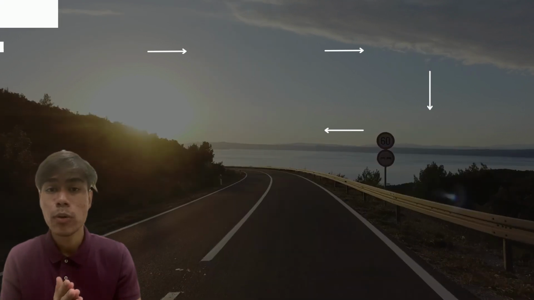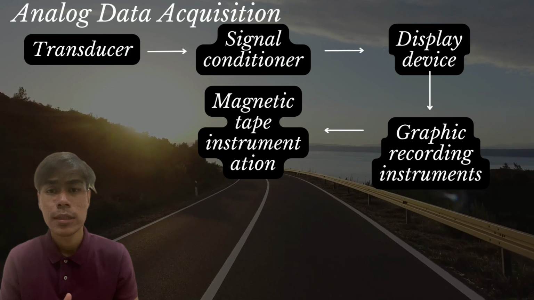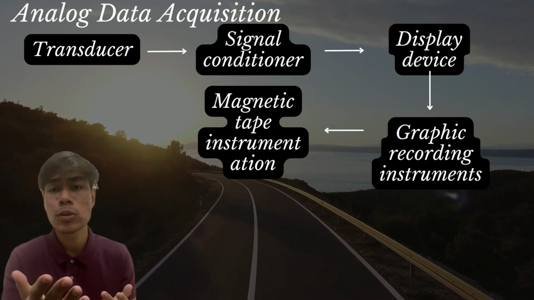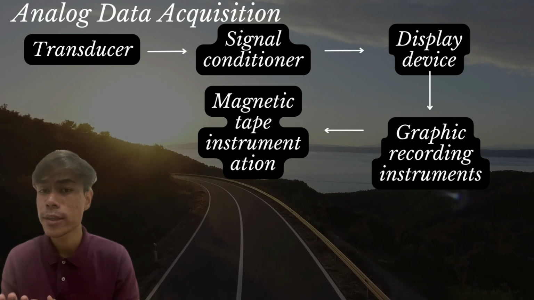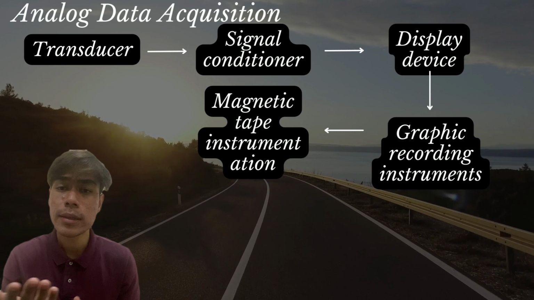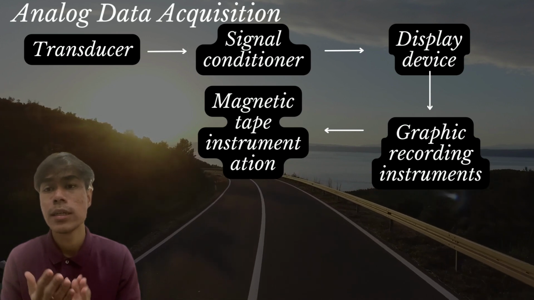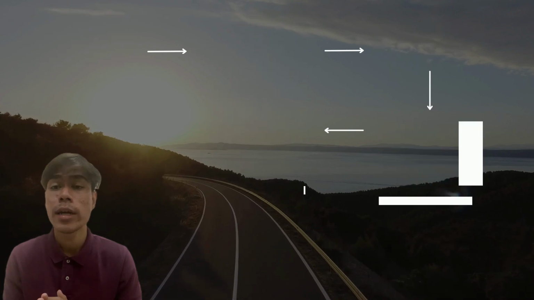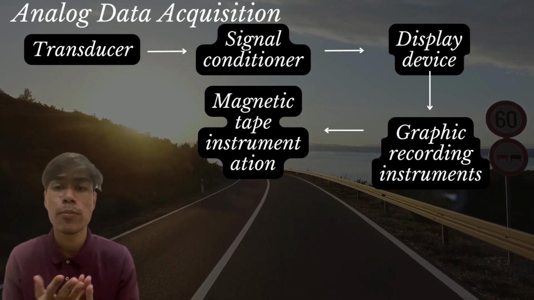It displays the input signal for monitoring purposes. Graphic recording instrument can be used to make a permanent record of input data. And magnetic tape instrumentation is used for acquiring, storing, and reproducing input data.